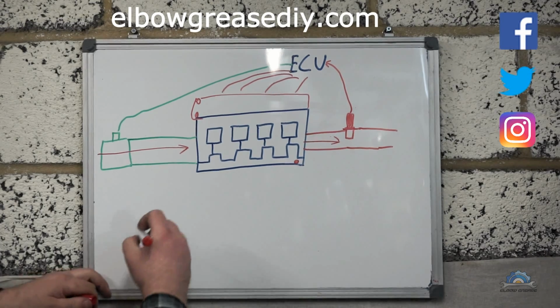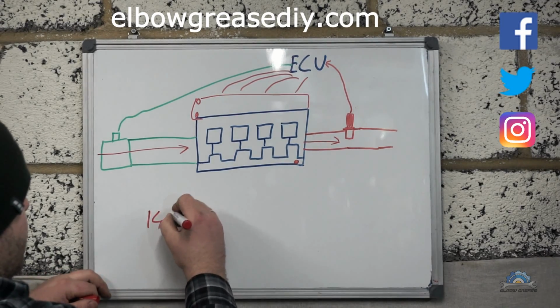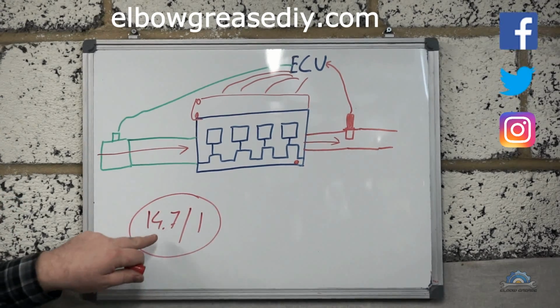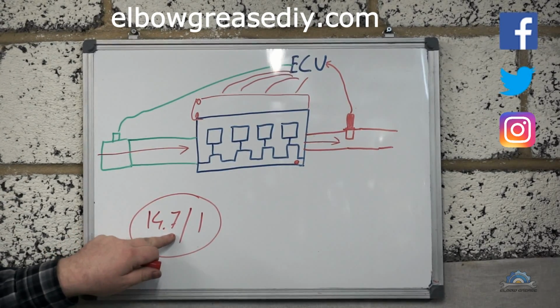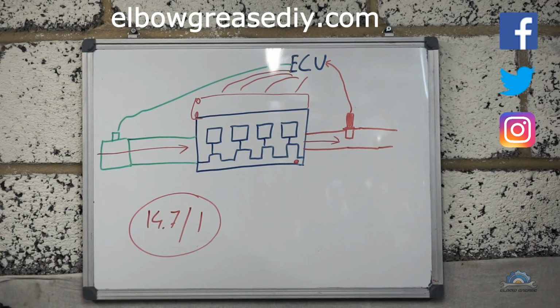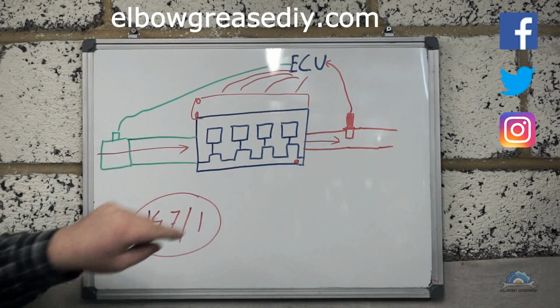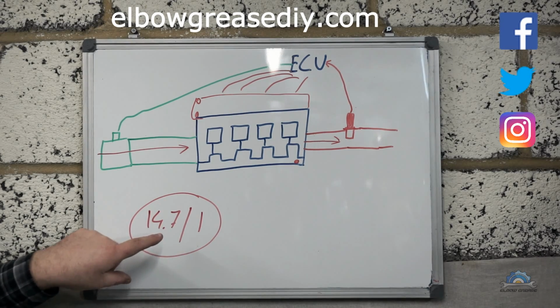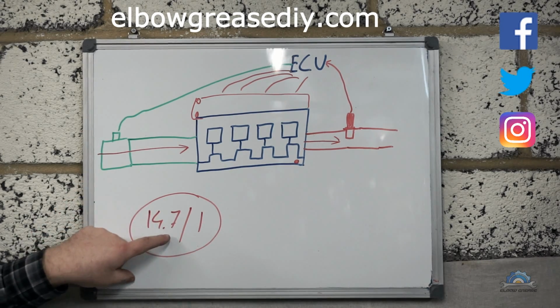So we're talking about stoichiometry, which is 14.7 parts of air to 1 part of fuel. The ECU wants to get this ratio all the time, as much as possible.